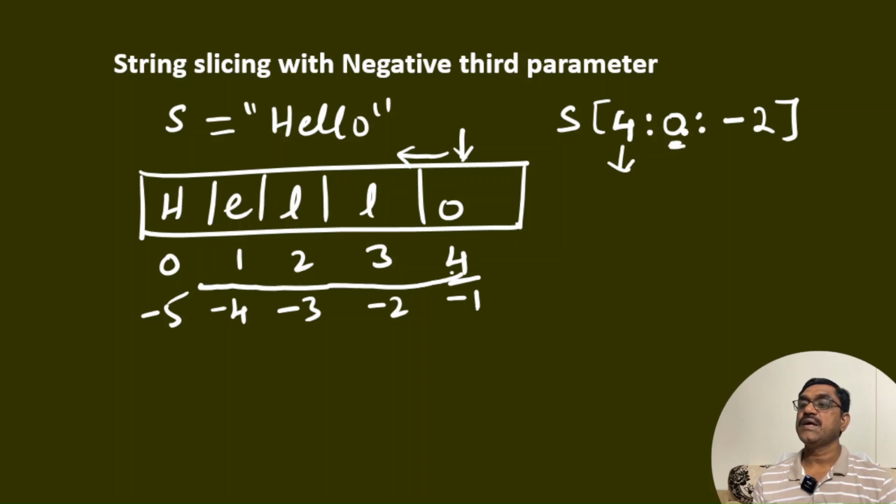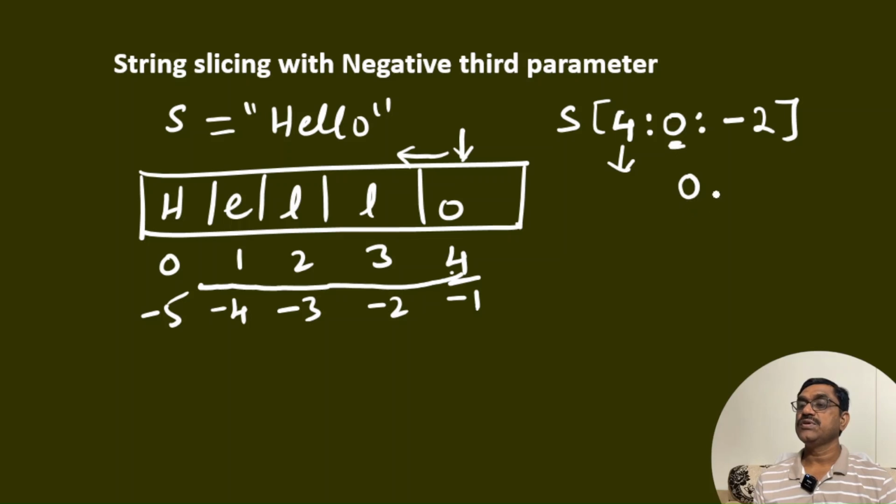End index minus 1. When we move in the reverse direction from end to beginning, the end index here is 0. Generally, we subtract 1 from the end index. But here we are not moving in a positive direction, we are moving in the negative direction.